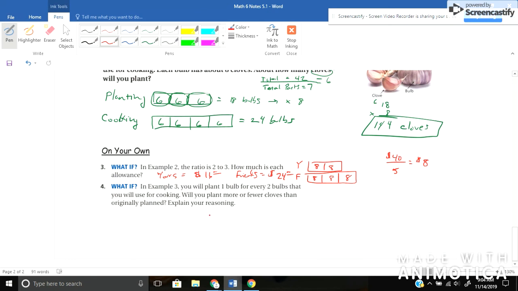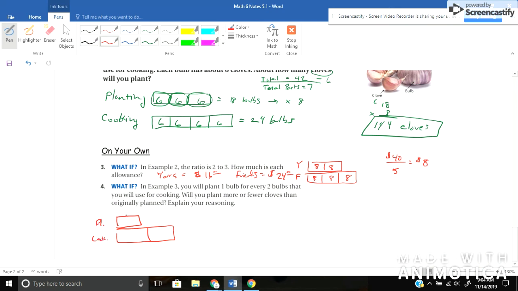And lastly, for number 4, it says, what if in example 3 you plant 1 bulb for every 2 bulbs that you will use for cooking? So now for planting, we just plant 1, and for cooking, we do 2. So planting and cooking.